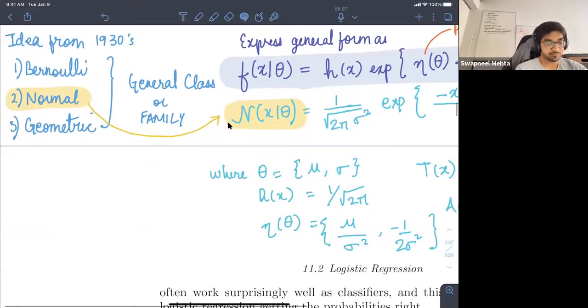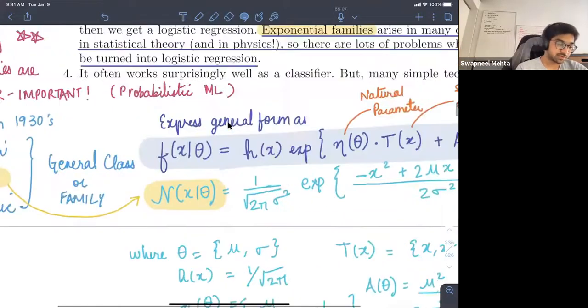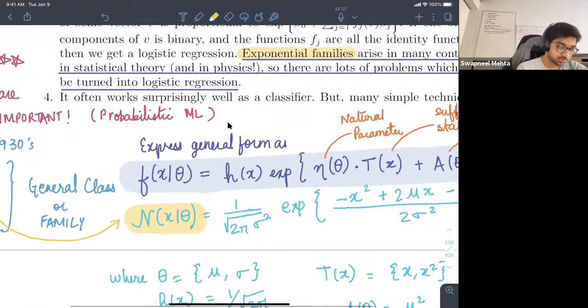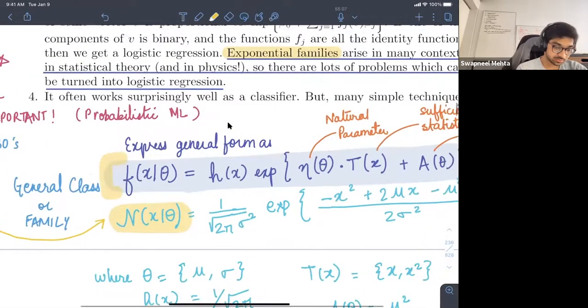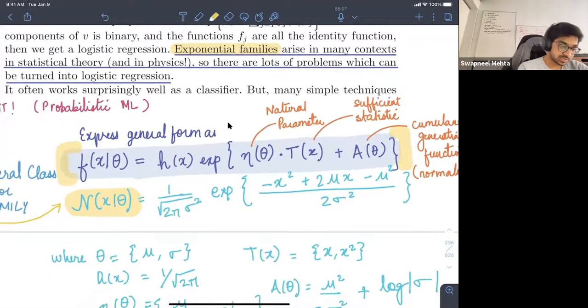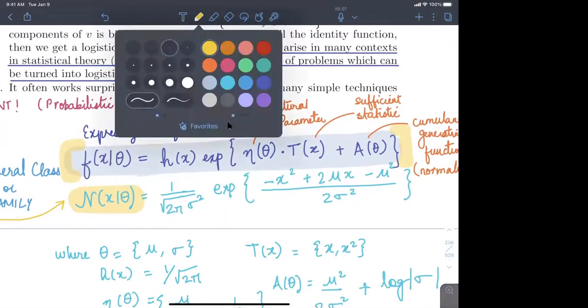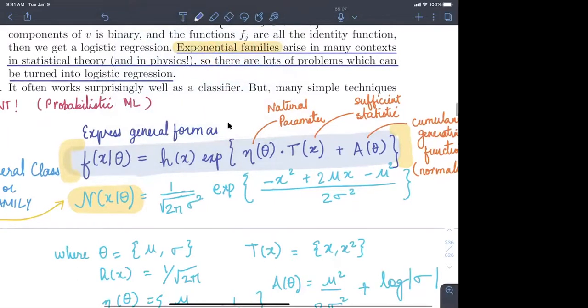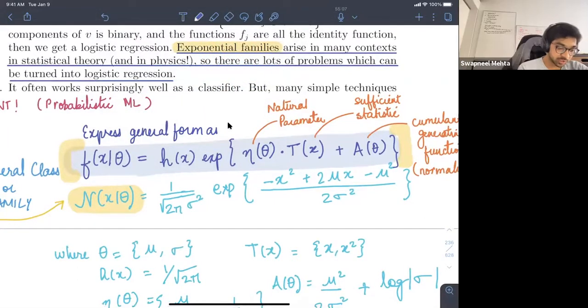So the general form, the canonical form for an exponential family is this one, and we'll get into what this means. It says f of x given theta is equal to h of x times the exponential of eta of theta times t of x plus a of theta.